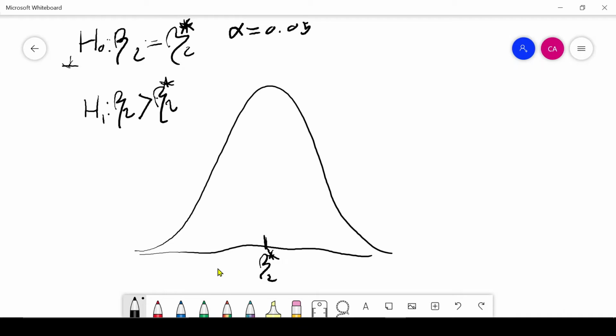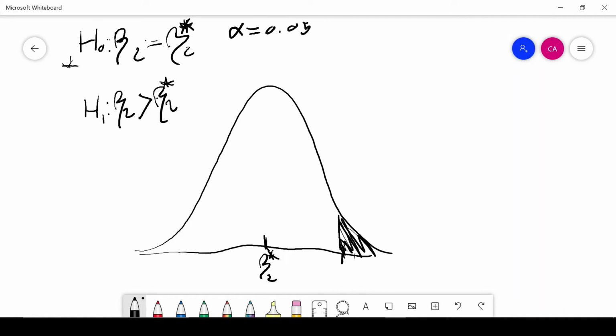If this null hypothesis is true, when we sample from this distribution, whatever the data may be, and we estimate regression models, we will have a 5% chance of drawing a sample that gives us some value for beta 2 that lies this distance from beta 2 star, if beta 2 star is in fact true.